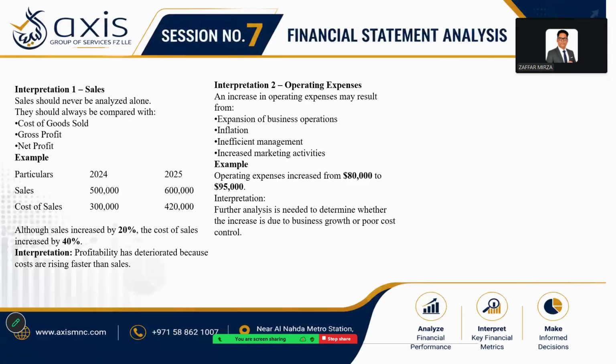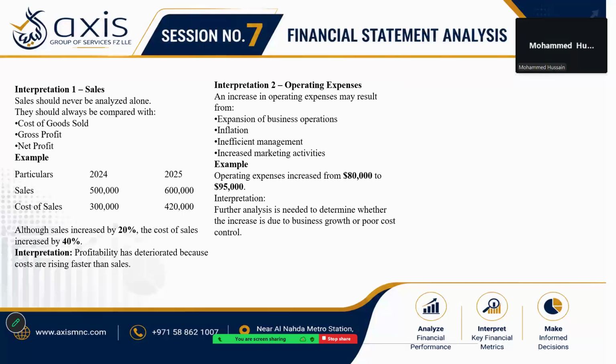See here, first one is interpretation of sales. Interpretation of sales is always compared with cost of sales, which we discussed. So here sales are 600,000 versus 500,000. Increased or decreased? Increased. By what percentage? Sales increased by 20%, cost of goods increased by 40%.